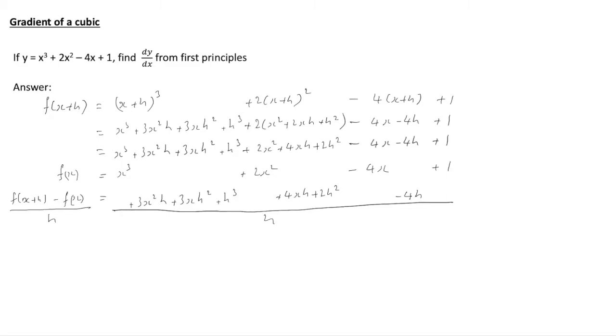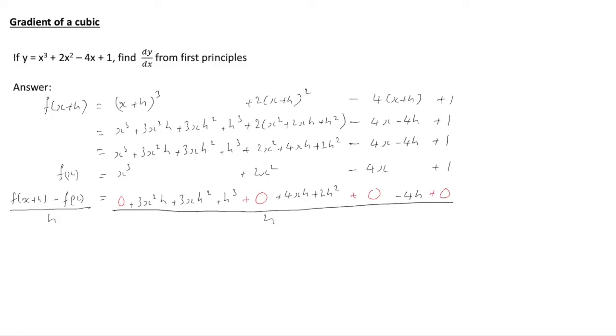Minus 4x, take away the minus 4x, that means that disappears, leaving us with minus 4h. And the plus 1 take away plus 1 also disappears. And then we have to divide everything by h. So those plus noughts are telling us where those subtractions happened. And we don't need to write them, so I've just put them in to show you that.